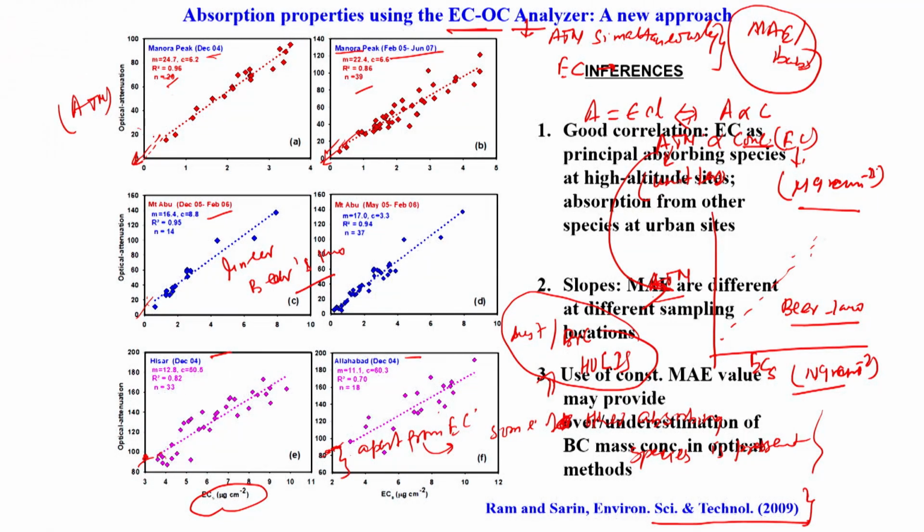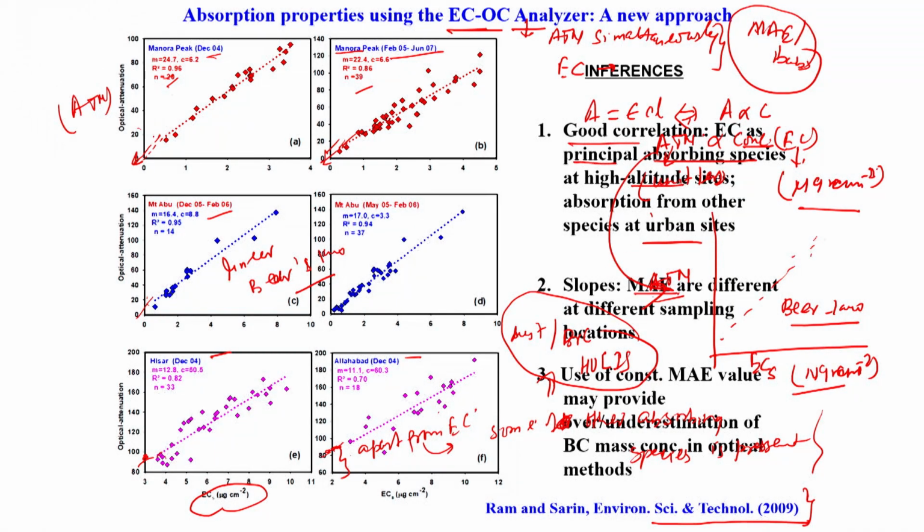And one more thing, okay. Just before, there was a good correlation between EC and attenuation, and this was suggesting that elemental carbon is the principal absorbing species, which in a way is establishing the Beer-Lambert law. If there was not a good correlation, the Beer-Lambert law was not established, so you cannot do this one, especially at the high altitude sites, but at the urban sites some other absorbing species were present.